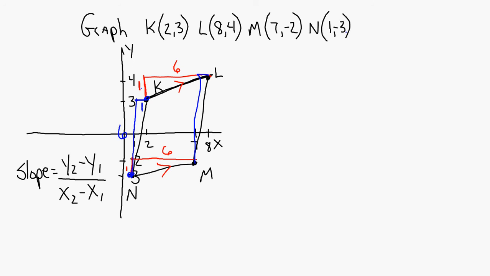From negative 2 to 4. We rise 6 again. How many do we run? 1. So are the left and the right sides parallel? Yes. Okay. So using the slope formula, this is a parallelogram.